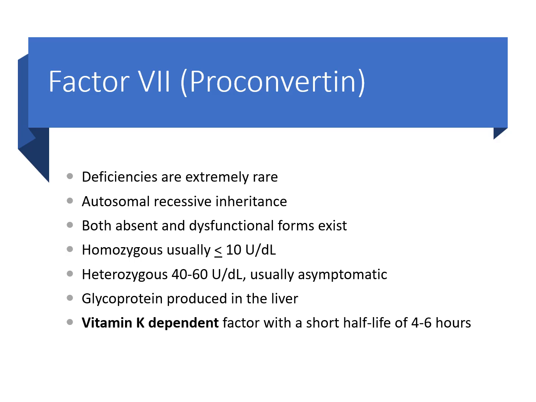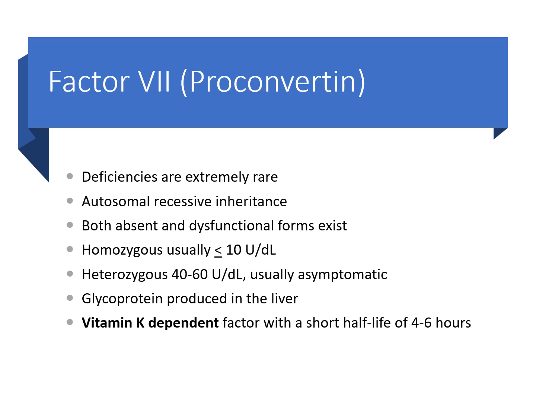Deficiencies in factor 7, also known as proconvertin, are extremely rare. But for patients who do have deficiencies, typically they are of an autosomal recessive inheritance pattern. Both absent deficiencies and dysfunctional forms exist.